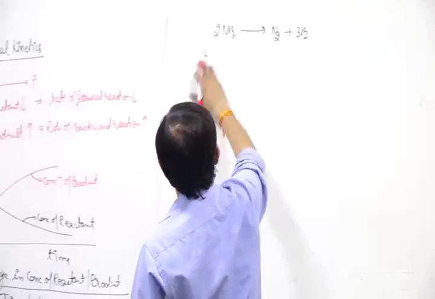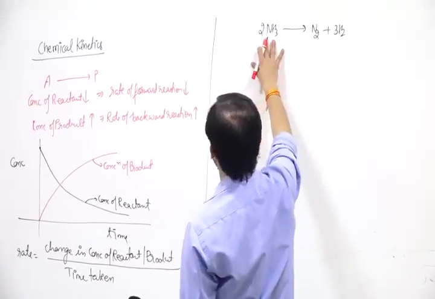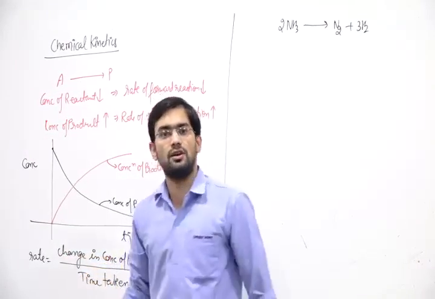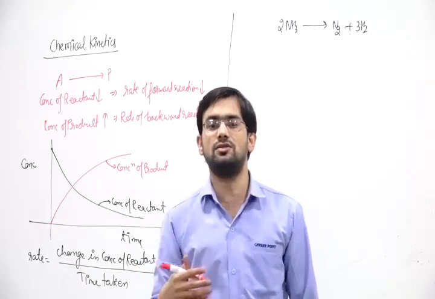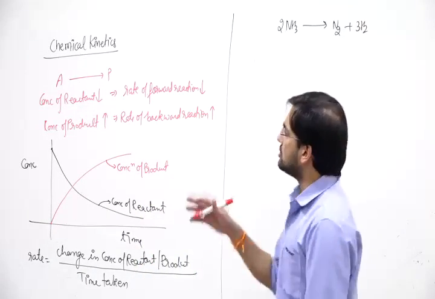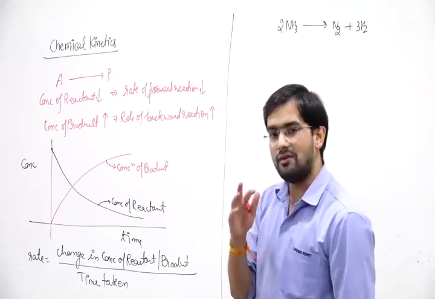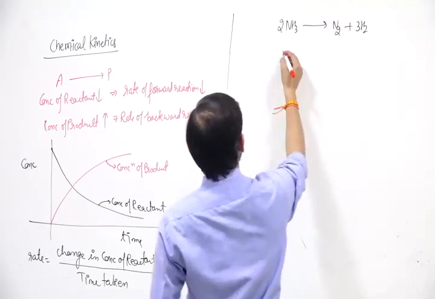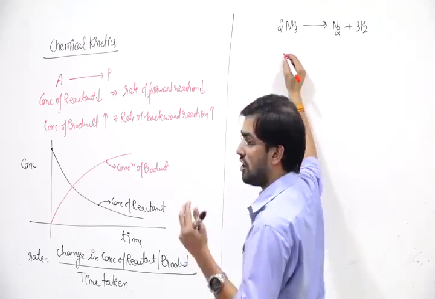There are two types of rate. One is known as instantaneous rate. One is known as average rate. Most of the time we will talk about instantaneous rate, which is denoted by small d.